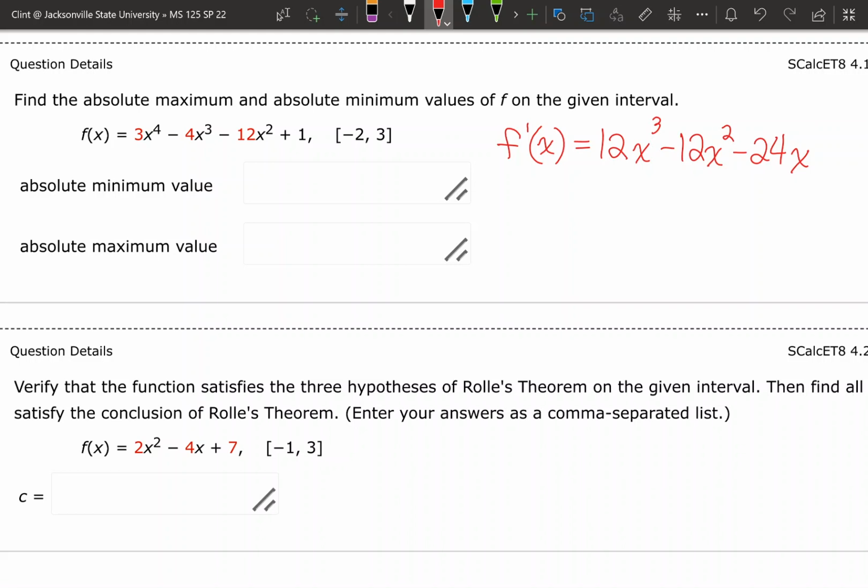This time when we set our derivative equal to 0, we have a common factor of 12, but not only 12, we have a common factor of 12x. So we can factor out the 12x. That'll leave us with x squared minus x minus 2. Set that equal to 0.